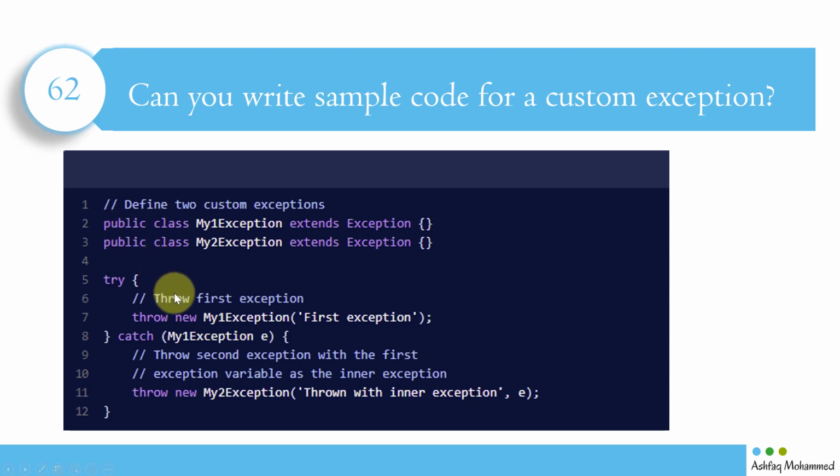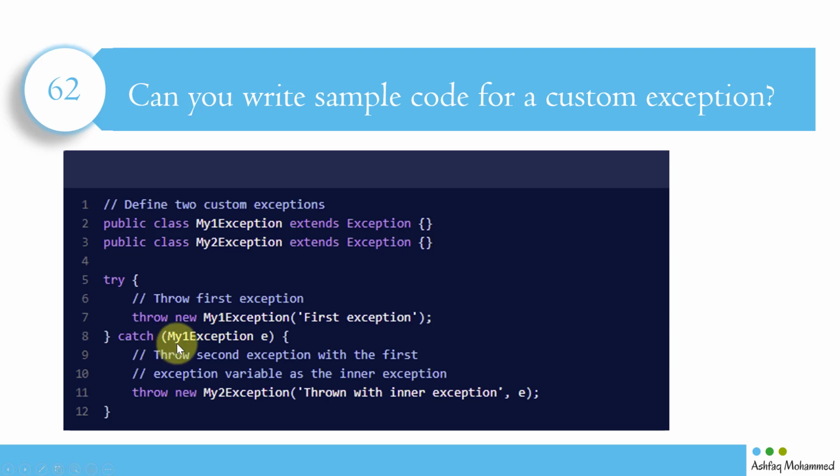So how to create it? Try this one: public class MyOneException, or you can write MyInventoryException, extends Exception. I have written two exception classes; if you want, you can write just one as well, and throw new MyOneException with whatever message you want to write. That's it. In the catch block, you can write one catch block for exception 1 and another for exception 2 as well.